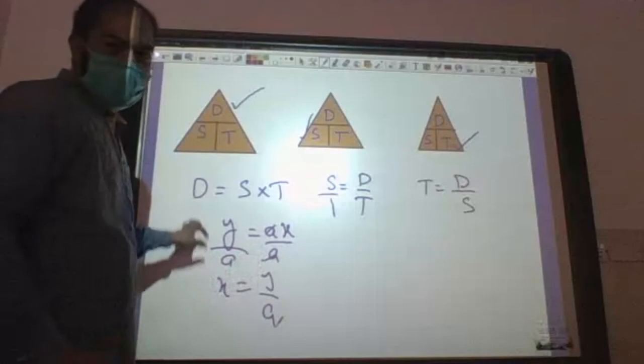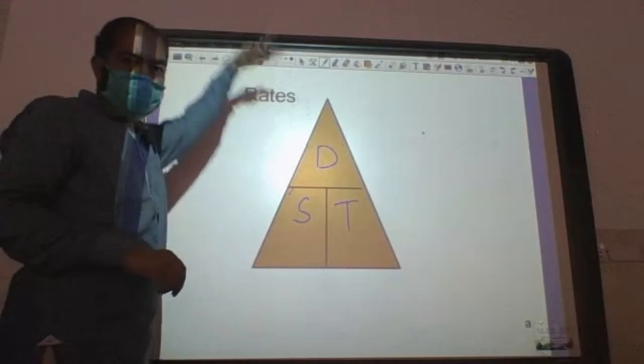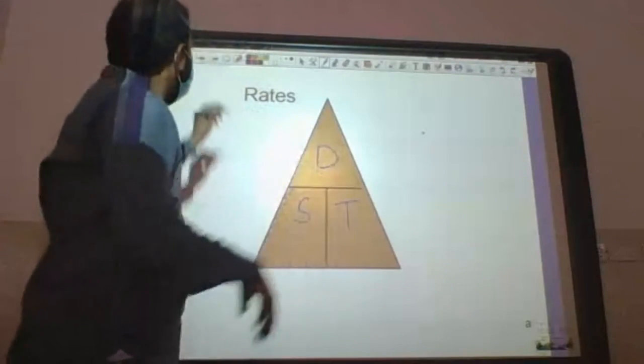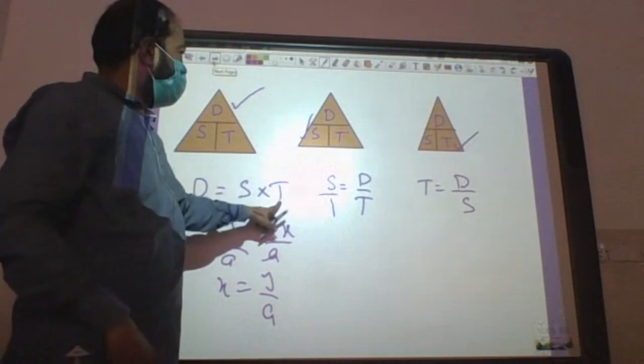Like this you can rotate. Just keep in your mind distance at the top, and then speed and time below, and you can formulate your formula in three ways: distance, speed, and time.